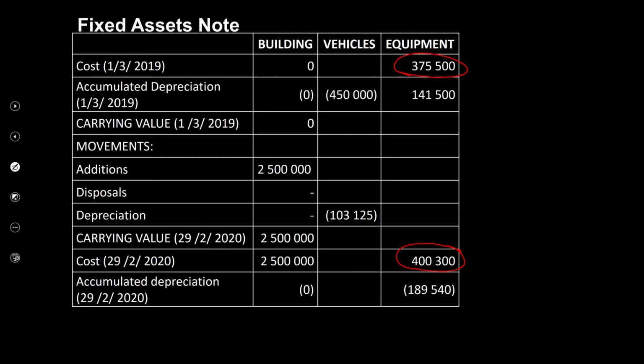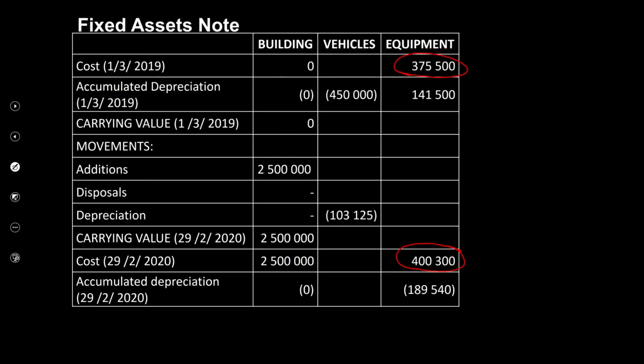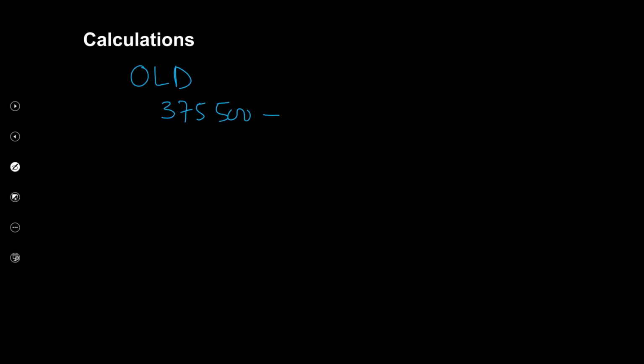So obviously what I'm going to do here is work on the old equipment first, right? Taking my information, it's 375,500 minus the accumulated depreciation. And what was my accumulated depreciation? 141,500.